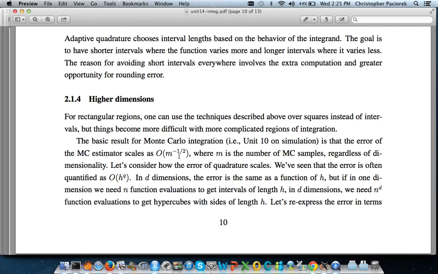We had also worked out that the variance of this thing, which I'll call t hat, because that's the notation we're using, is 1 over m times the variance of h of x.